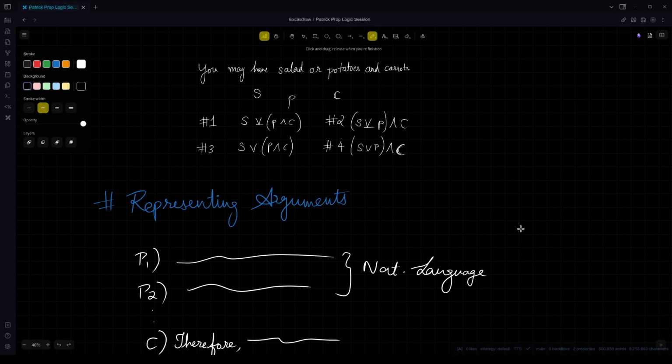So what's the second one? The second interpretation is that you may have salad or potatoes, and we have one or the other with carrots. So we've got a conjunction there. In the brackets, it's saying that you can have one or the other.